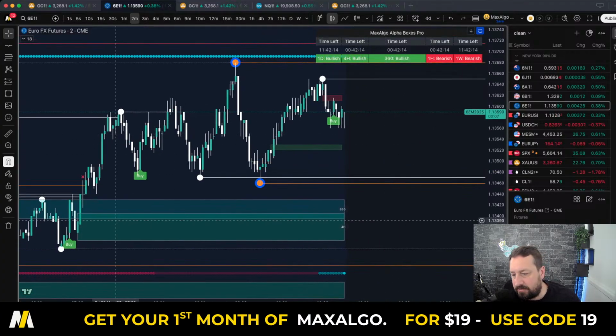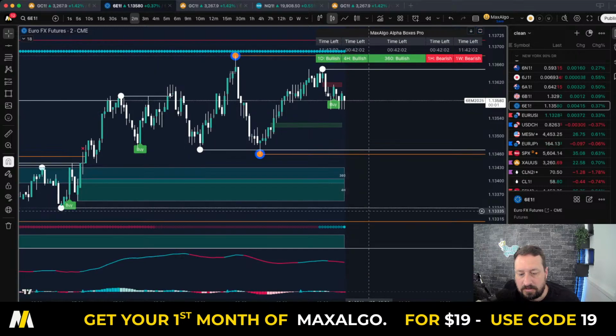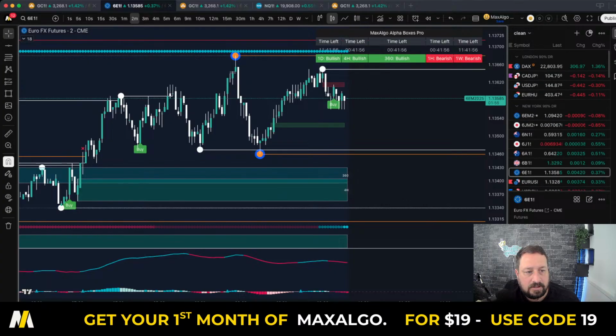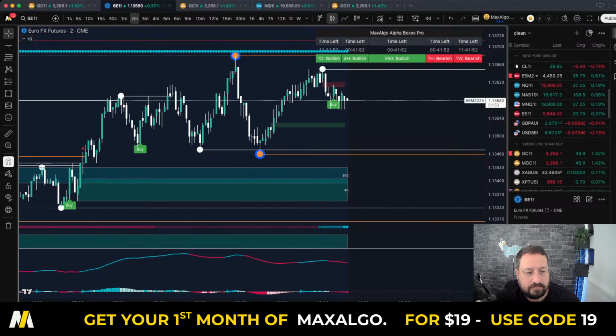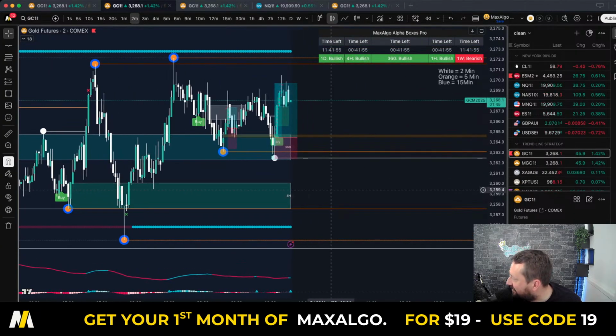Above the 4 hour, 4 hour bullish, right? So here's our 4 hour, here's our 6 hour. Dynamic TP is over, so bullish. It's a really good trade. I like that a lot. But which is better?